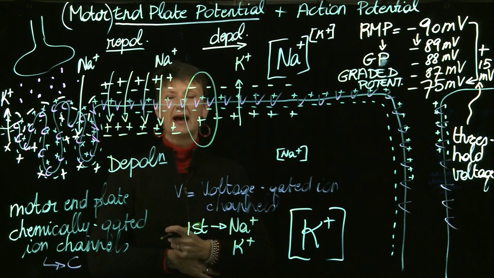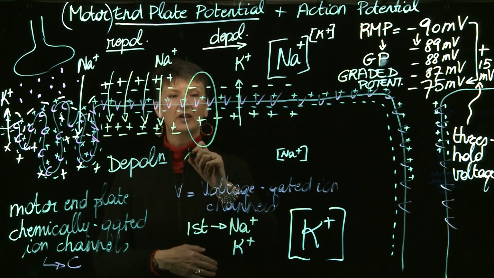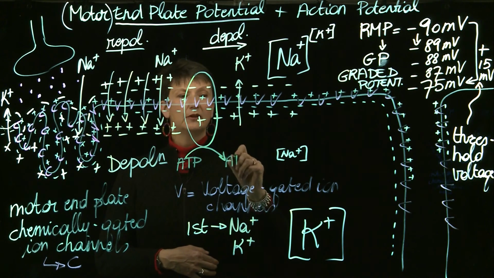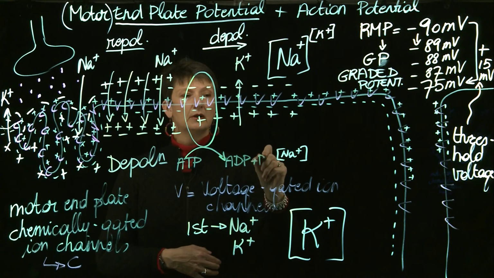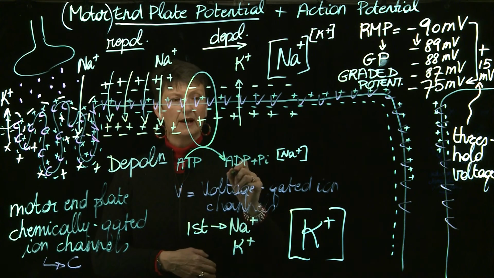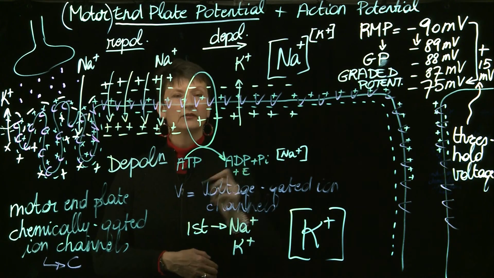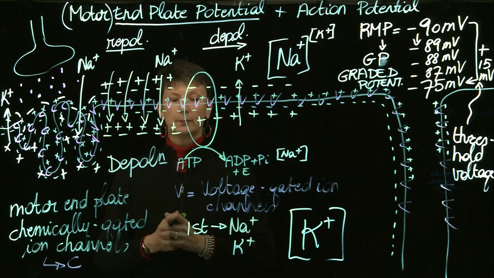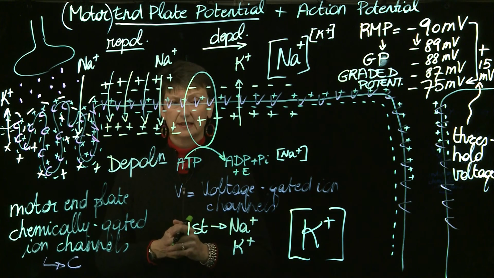The sodium-potassium pump uses ATP, so it hydrolyzes ATP the way we've learned in the previous video. It's going to break down ATP into ADP and Pi, and the energy that is released is going to allow this protein to pump ions against their concentration gradient.